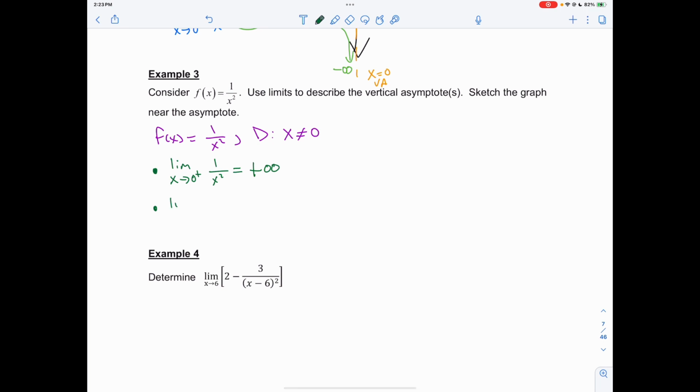If I take the limit as x approaches 0 from the left for 1 over x squared, then I would be taking negative 0.000001, but because I have to square it, then once again, that's going to make it approach positive infinity.